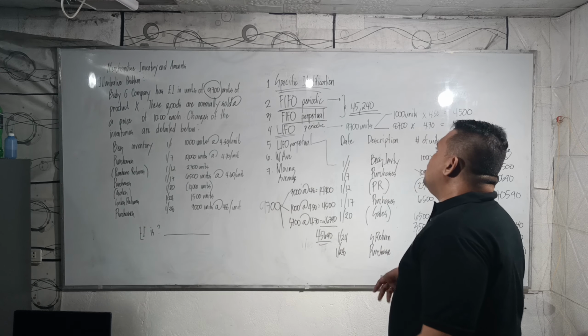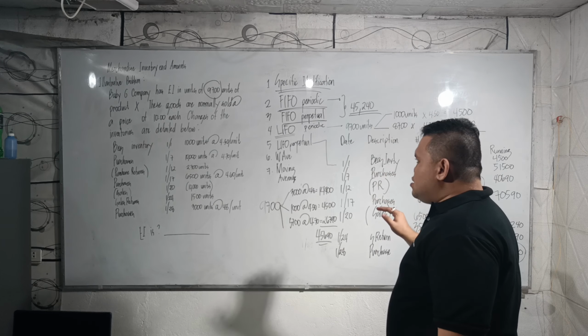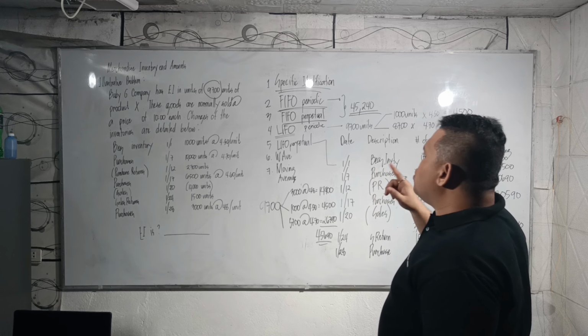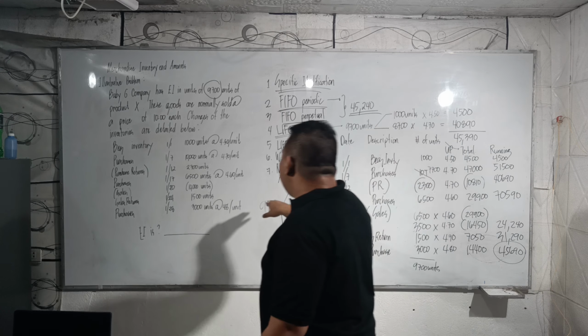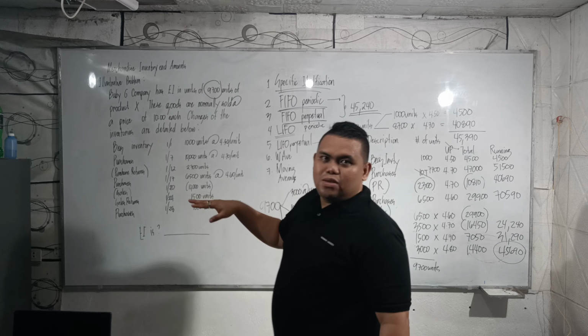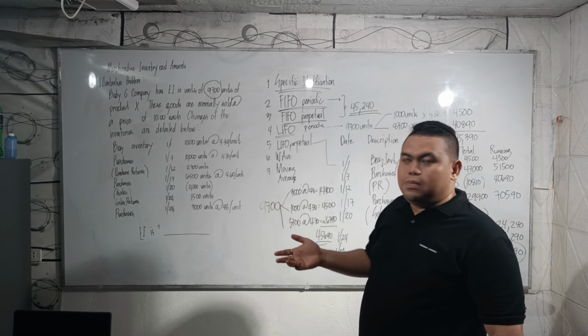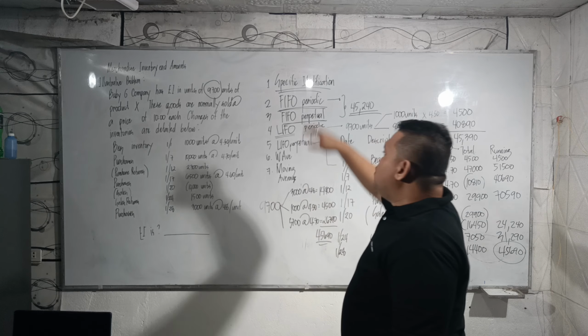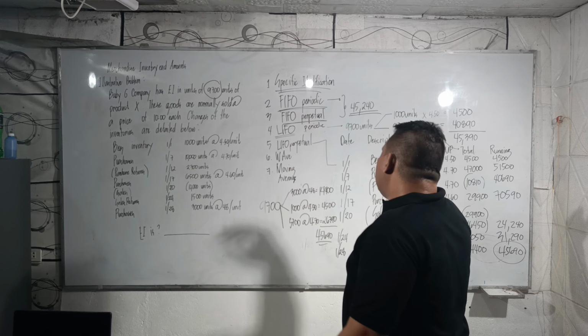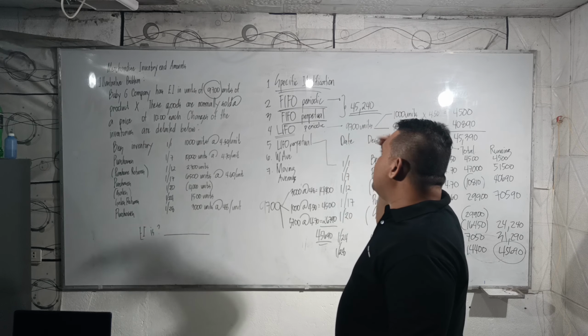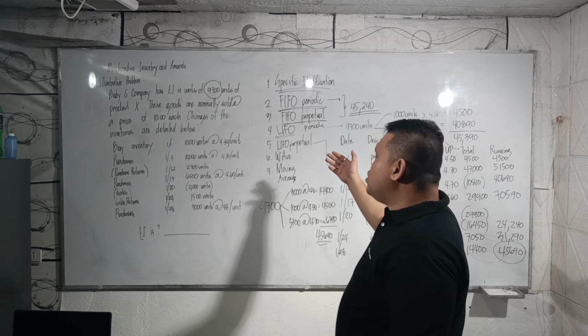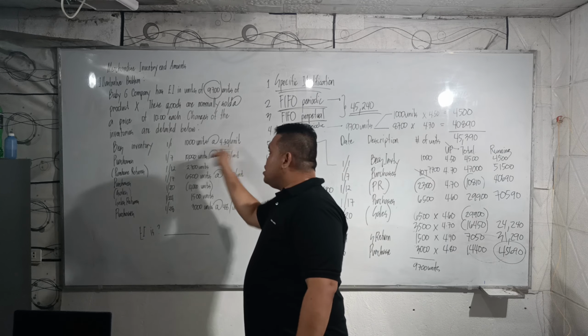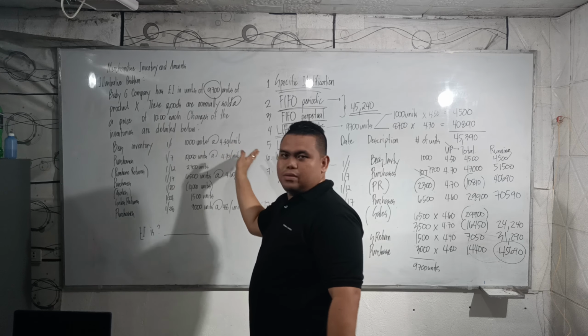So that means FIFO makes sense. Why? Because the ending inventory will be valued at the latest price, which is the inflated. Okay? How about LIFO? If there is inflation, the ending inventory is to be measured at the price of the oldest group, which is cheaper.